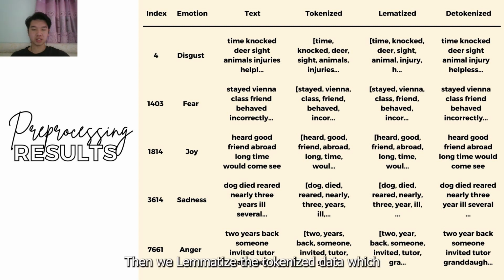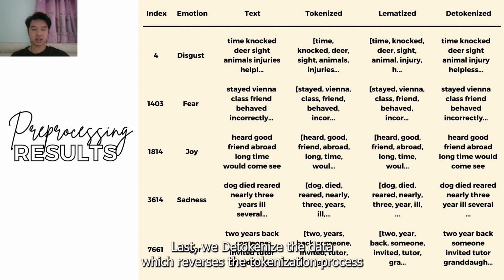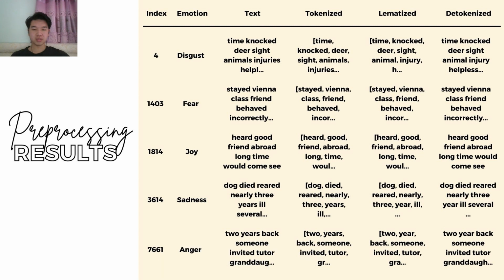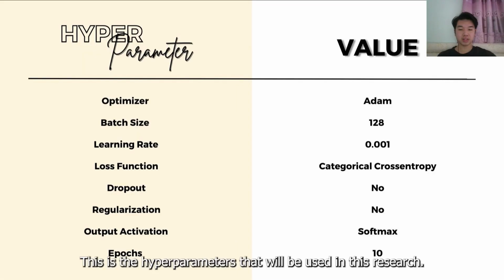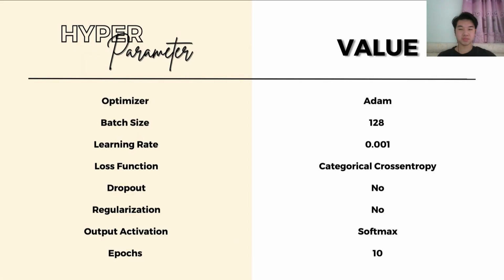Then we lemmatize the tokenized data, which reduces words to their base or dictionary form. Plus, we detokenize the data, which reverses the tokenization process and joins the lemmatized tokens back into coherent text. The detokenization is applied to each list of lemmatized tokens in the lemmatized column, and the result is stored in the detokenized column. Next, these are the hyperparameters that will be used in this research.